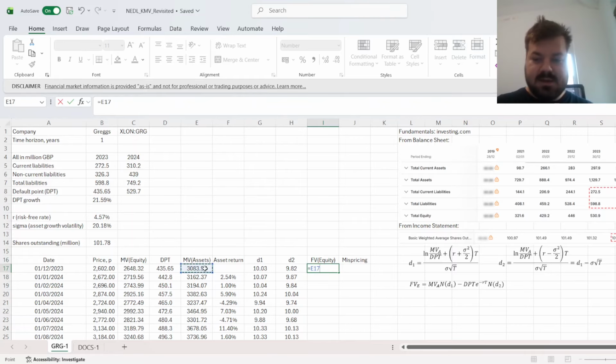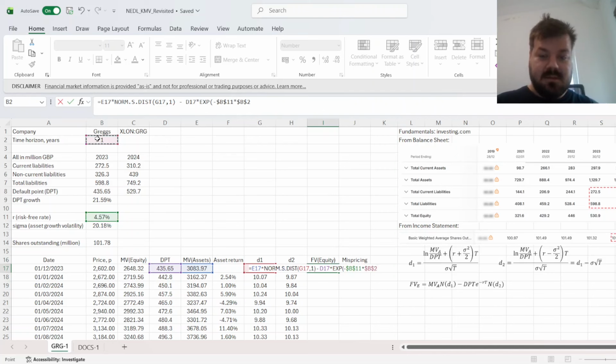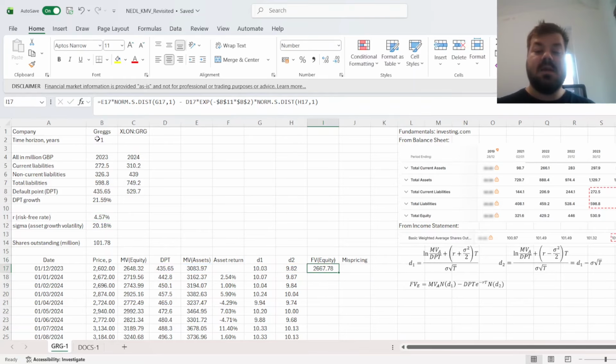Market value of assets times the standard normal distribution of D1 cumulative, minus the default point appropriately discounted, so times the exponent of minus risk-free rate times time horizon, both locked, times the standard normal distribution of D2 cumulative. That produces a Merton model estimate of what the market value of equity should be.